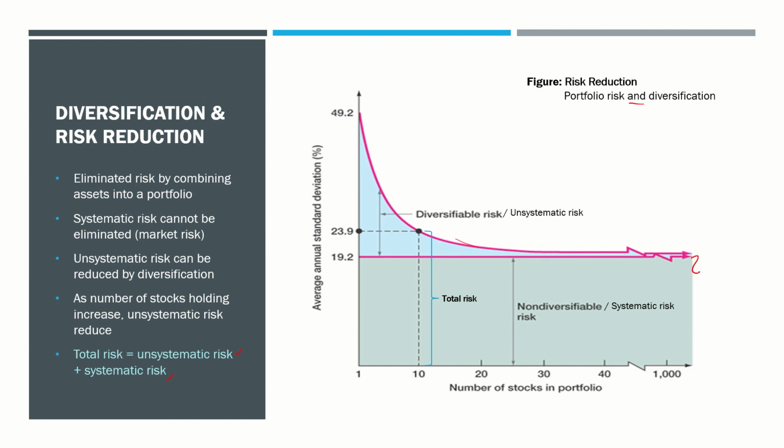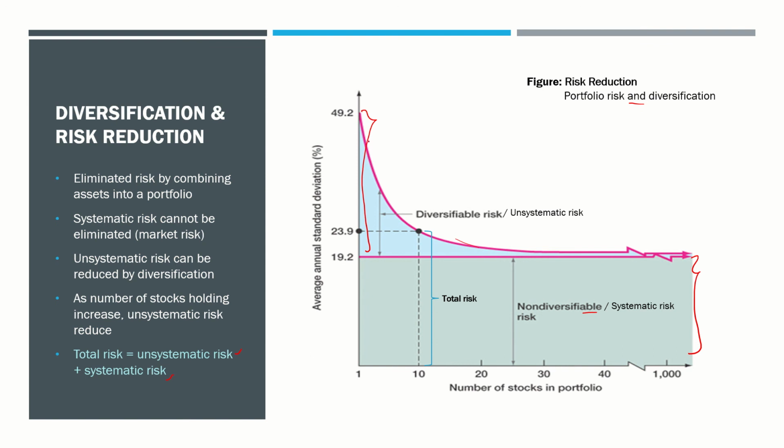So bahagian bawah ni mewakili systematic risk, iaitu risiko pasaran, risiko yang kita tak boleh nak ubah. Kita diversify macam mana pun dia masih ada kat situ. Tetapi yang atas ni adalah unsystematic risk yang kita boleh kurangkan dengan diversification.